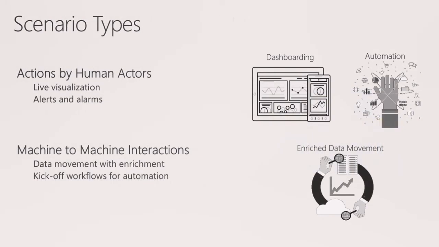The canonical scenarios that I have heard from customers are, number one, let's take the example of this building. If I am the person or the company monitoring the comfort level of people in this room, in this building, at this conference center, I want to be able to see a live dashboard.